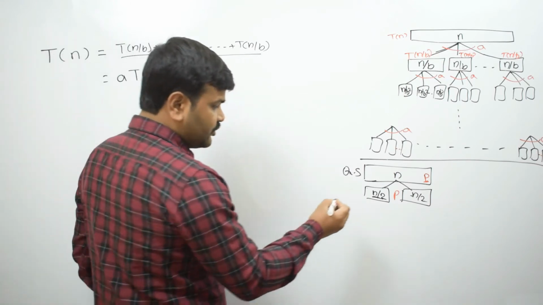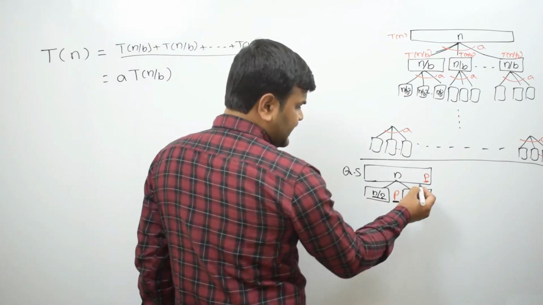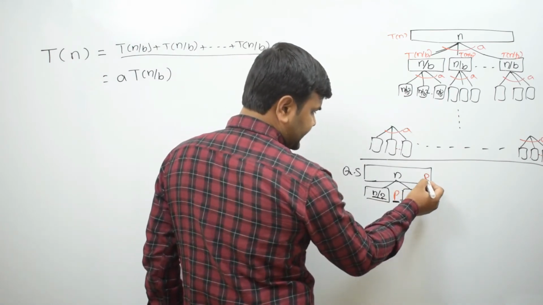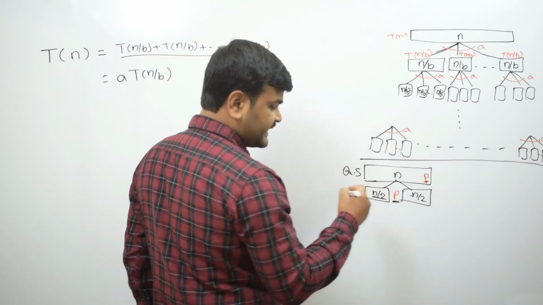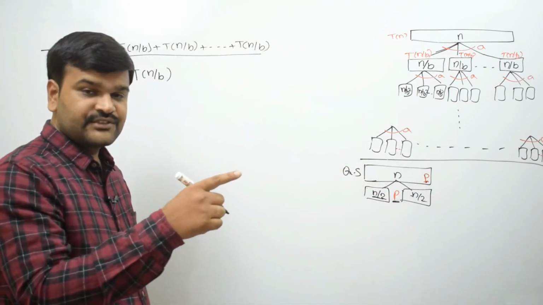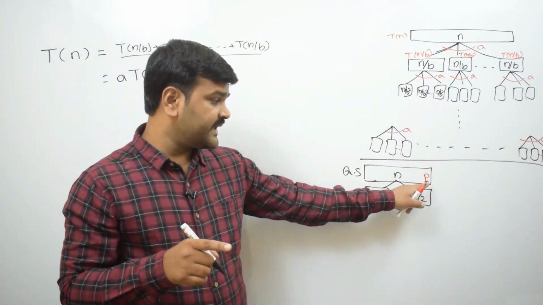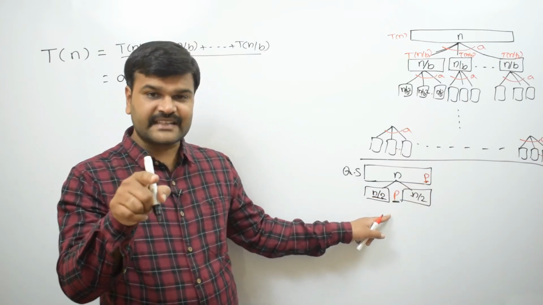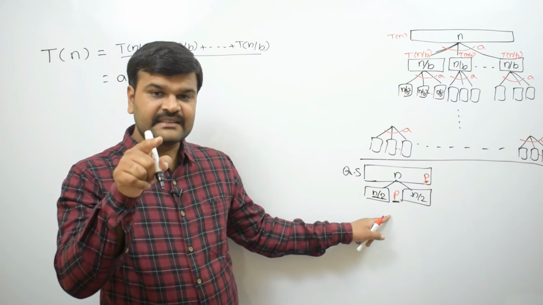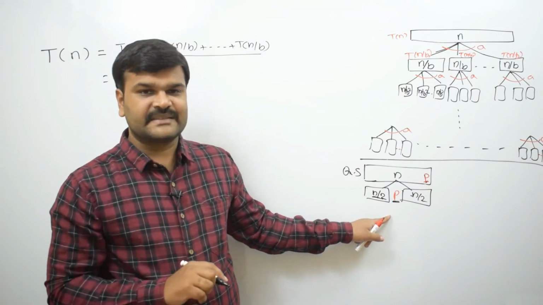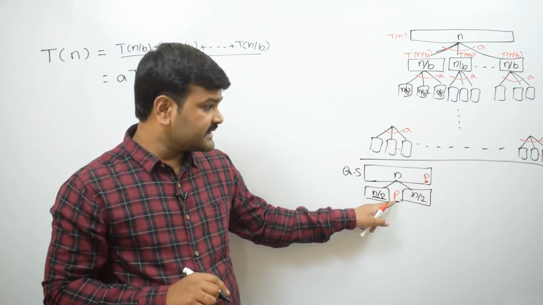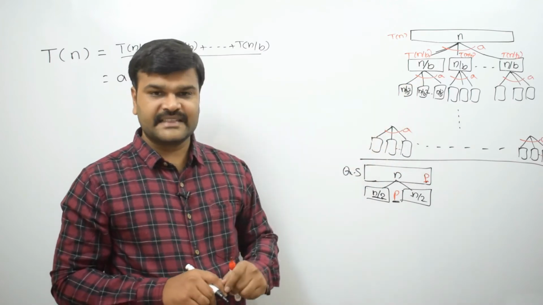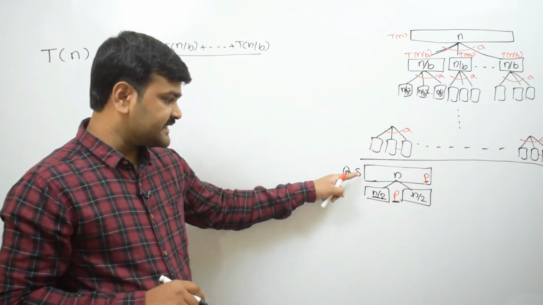But you divided here and selected a pivot element that you placed in its correct position in sorted order. How much time it takes to place the pivot element in its correct position, that also you have to consider. That is the dividing time complexity here. This is in the case of quicksort.